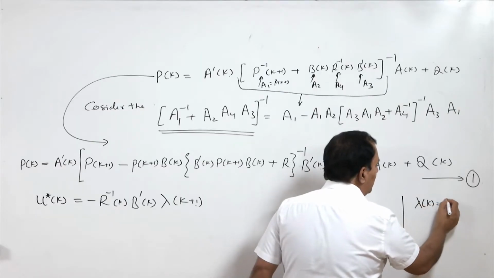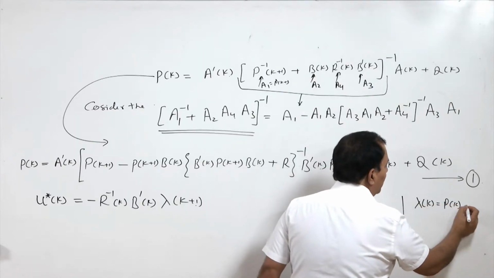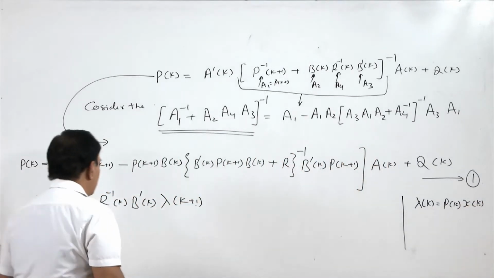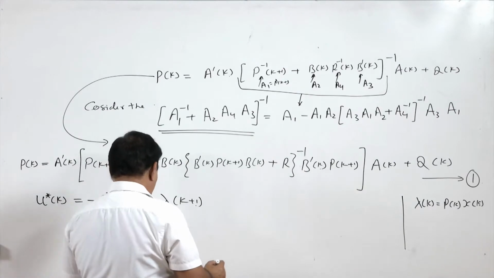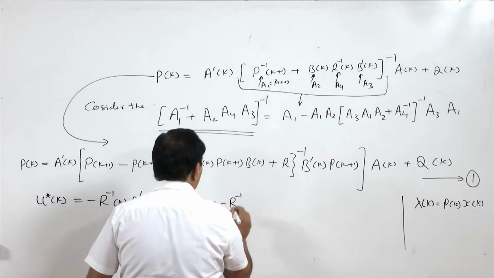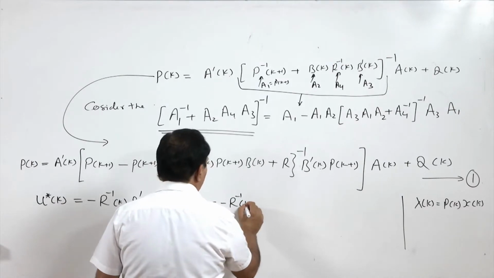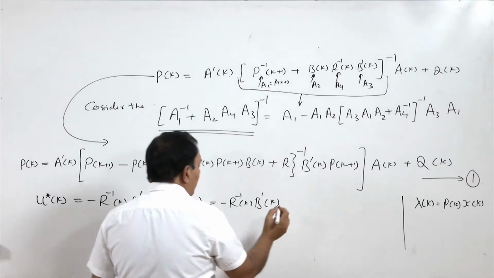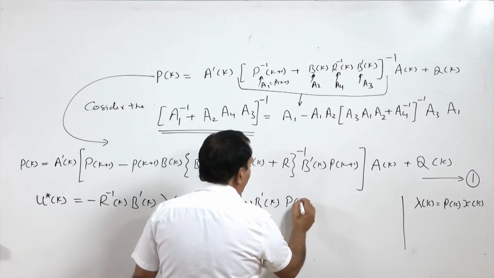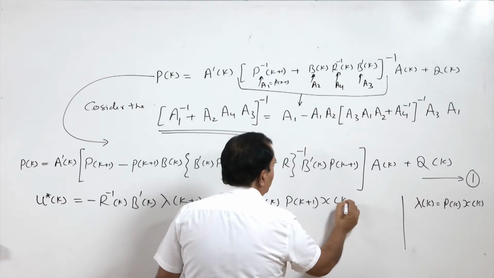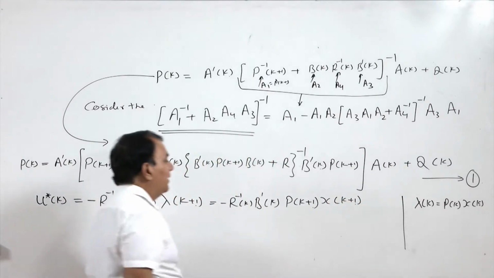So for this I can write minus R inverse B prime, and in place of λ(k+1) I will have P(k+1) x(k+1).